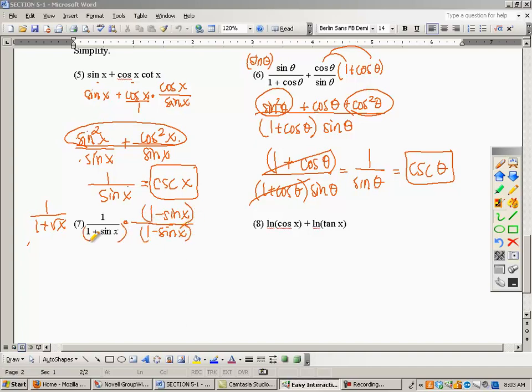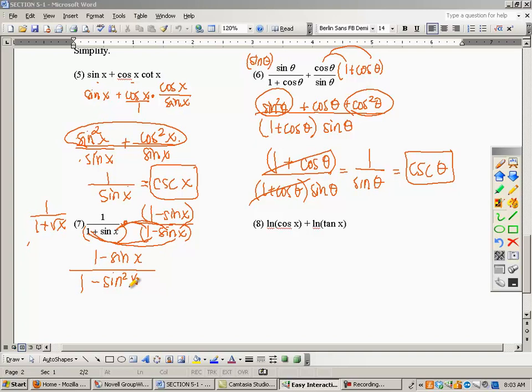In the top, you just have 1 minus the sine of x. In the denominator, 1 times 1 is 1. Now, I can do the outside and the inside, but we know they should just cancel because they're conjugates. Sine times negative sine is negative sine squared. Now, again, anytime you see a squared, you should start thinking about the Pythagorean identities.